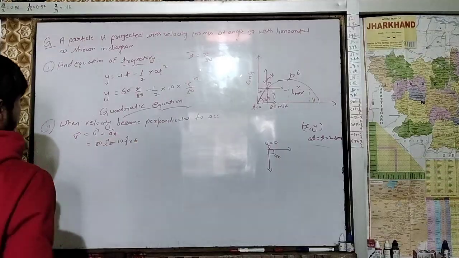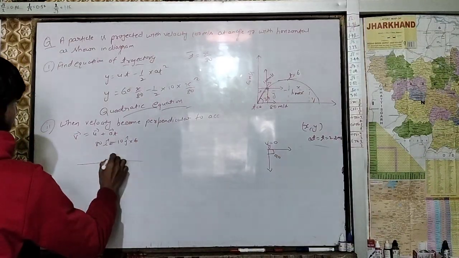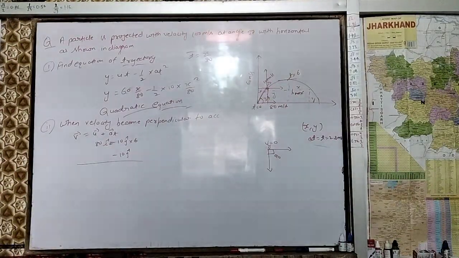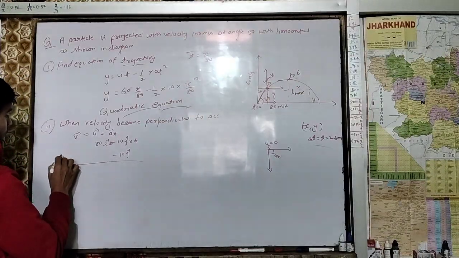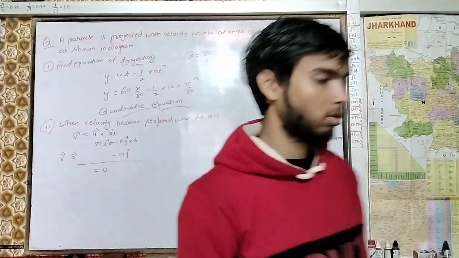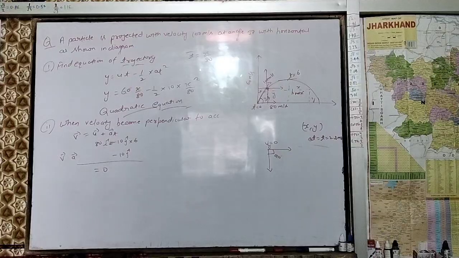Acceleration is minus 10 j cap. So finally we are getting one thing. After multiplying, you will see that it is going to be equal to 0. So velocity is becoming 0.